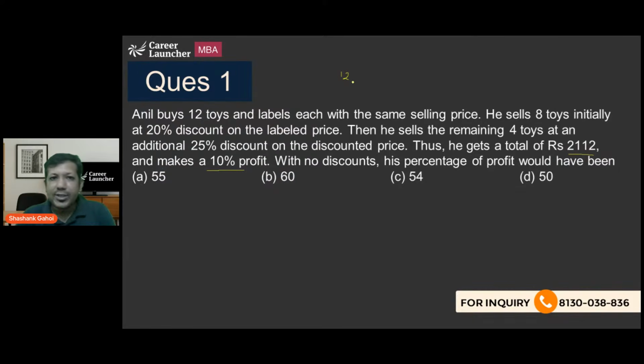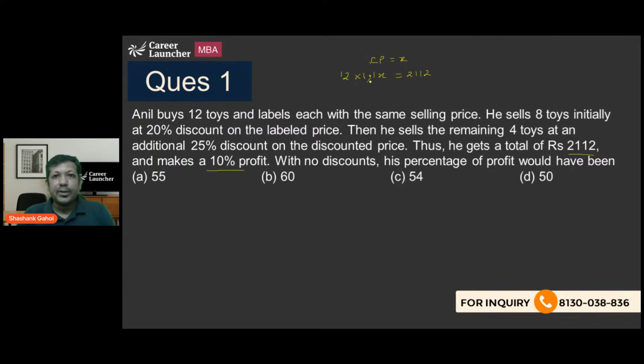Let's say the total cost price of the 12 toys is X. He's getting a profit of 10%, so his selling price becomes 1.1X, and that is equal to the total selling price, 2112.